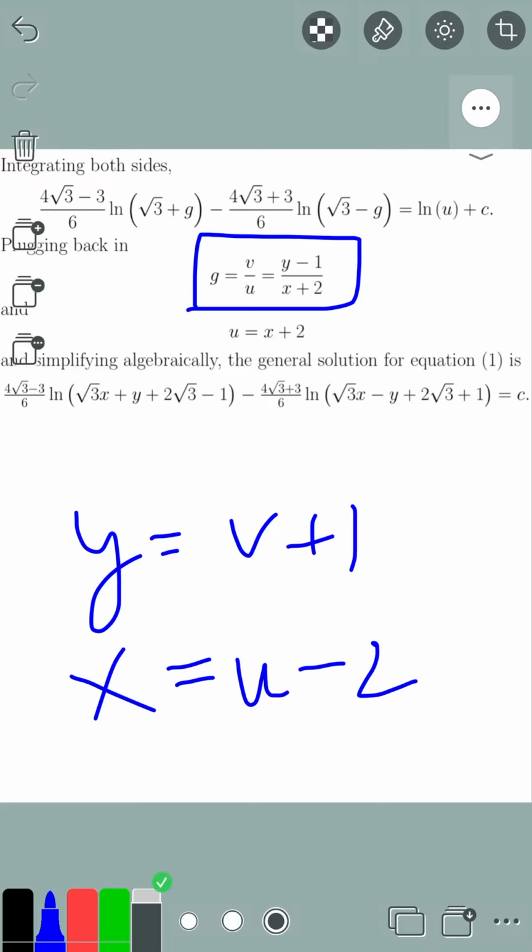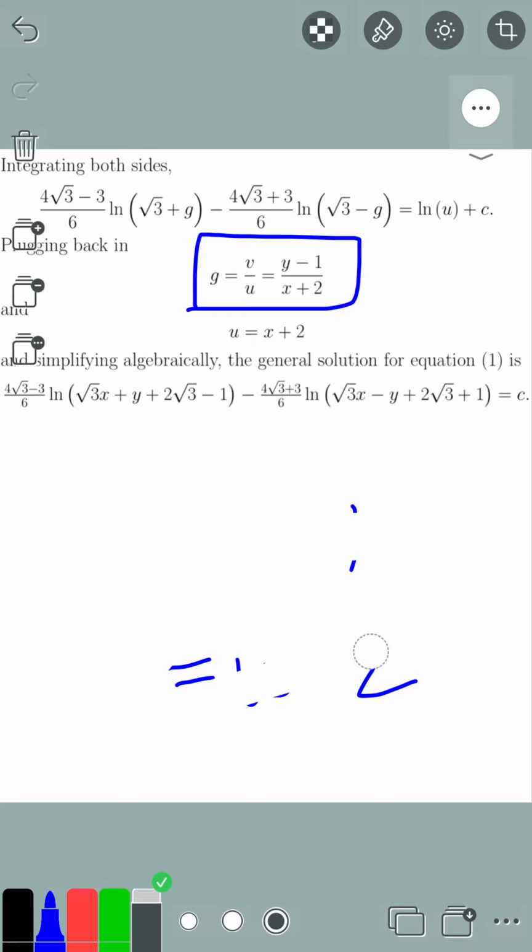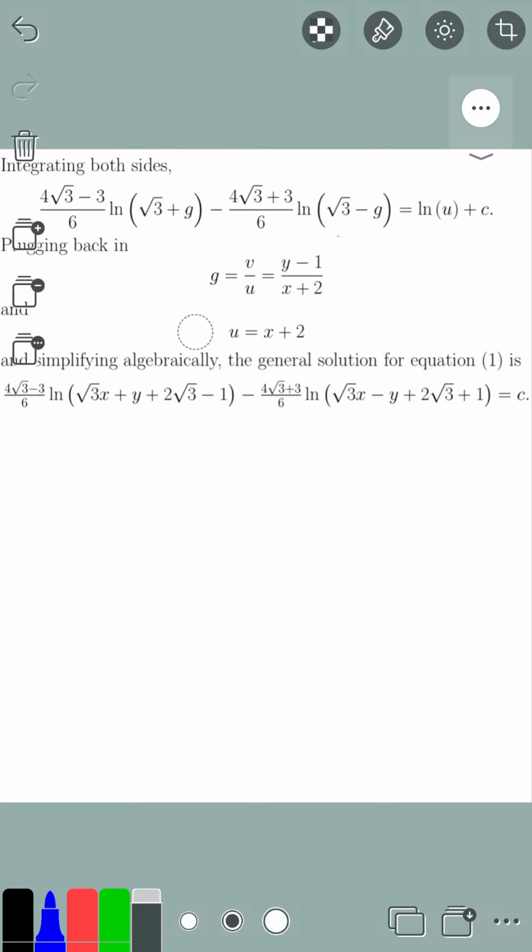So g is equal to v over u, which is y minus 1 over x plus 2, and u is equal to x plus 2. So we plug these expressions for g and u into this equation right here.